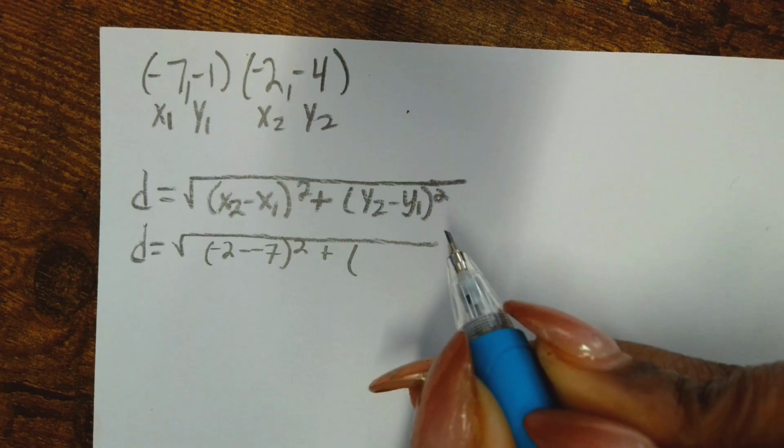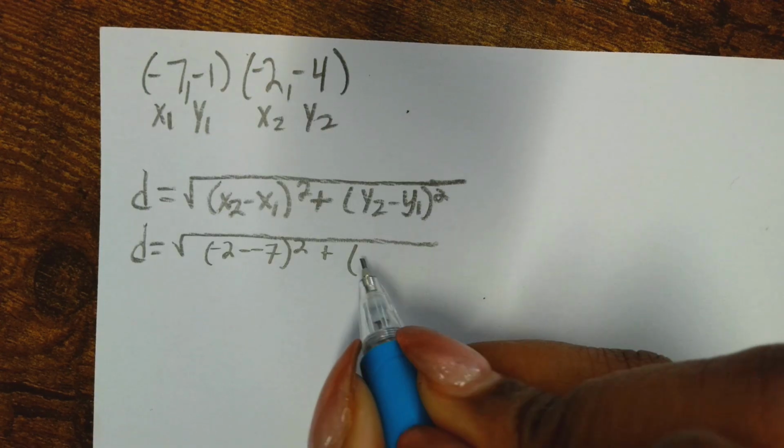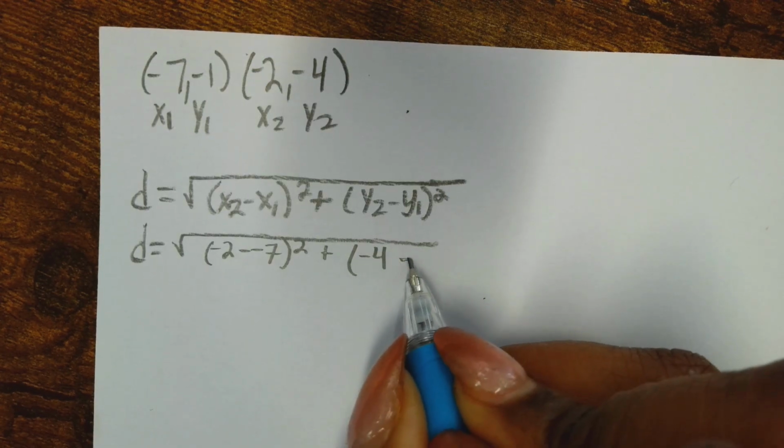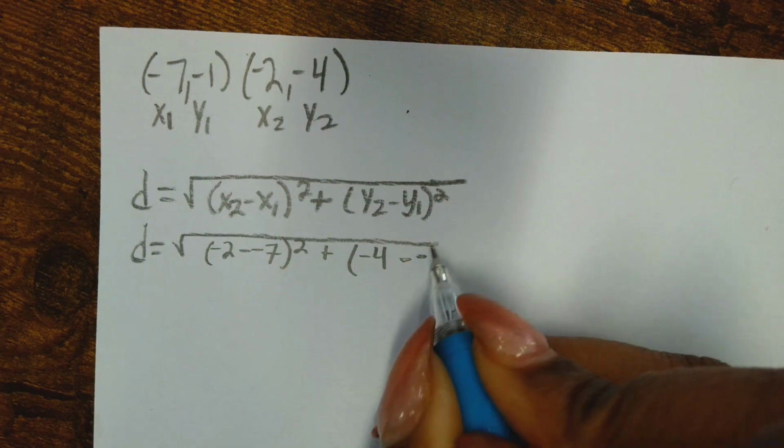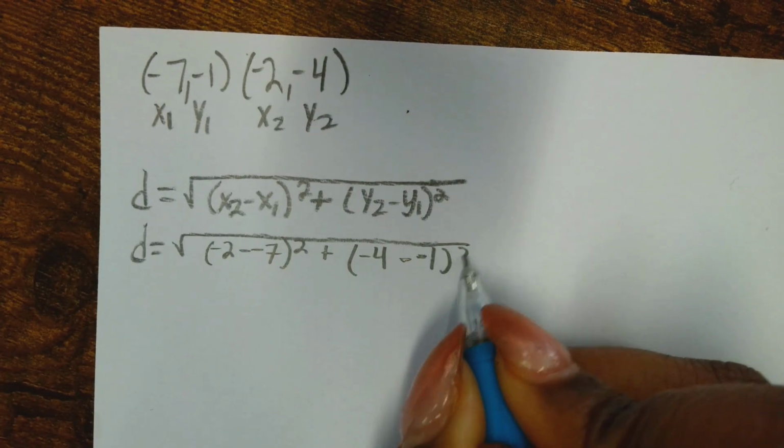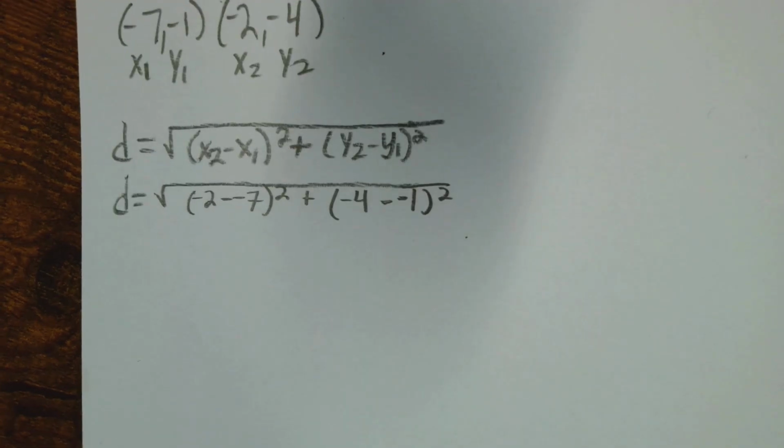Plus, we have y2, that's -4, minus a -1, and we're squaring that too. So we substituted. We all right with substitution?